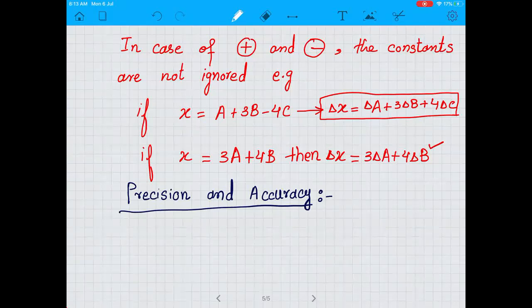So when you say someone is precise, it means that he's able to repeat the obtained value again and again. While when you say he is accurate, it means that the average of all the values he achieved is the same as the actual value. So this is the definition of precision and accuracy, and it is related to the quality of the data.